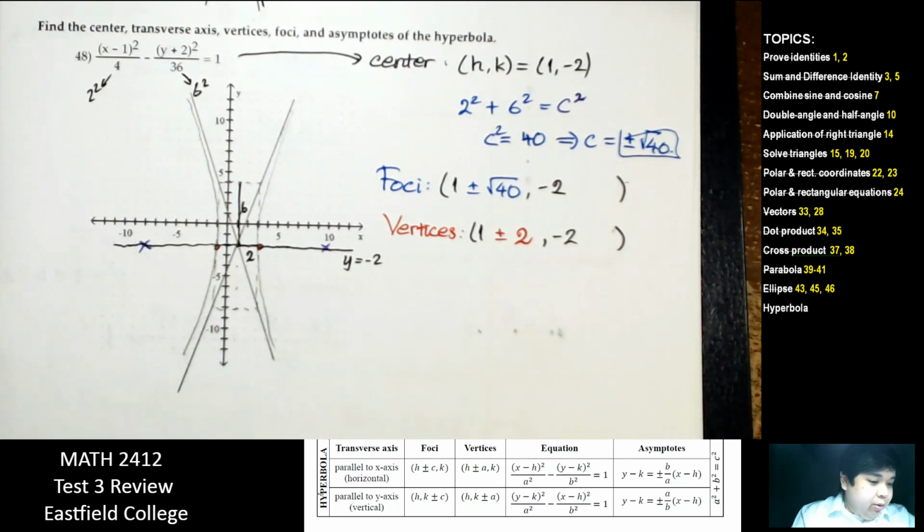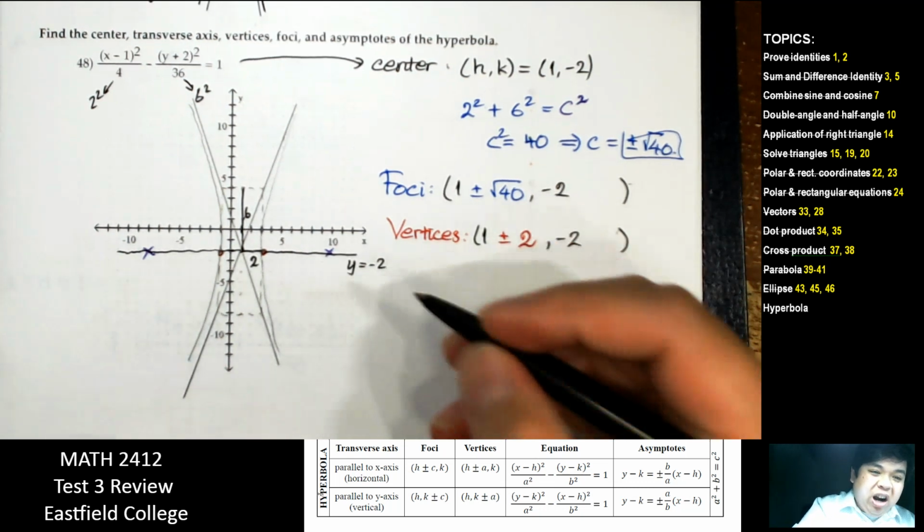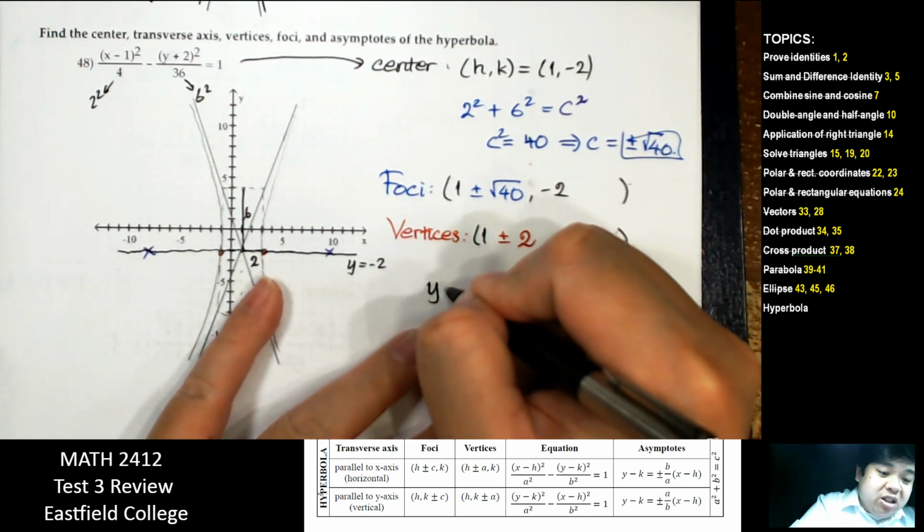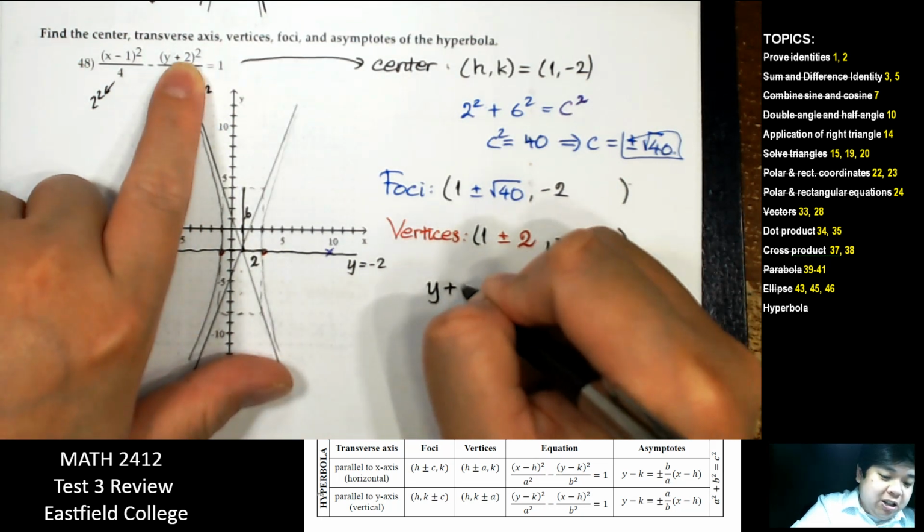Right, sorry, we still need to find the asymptotes. Asymptotes equation will be y equals mx plus b, so y we need to minus the center, so pretty much like this.